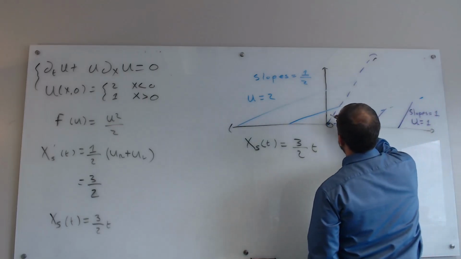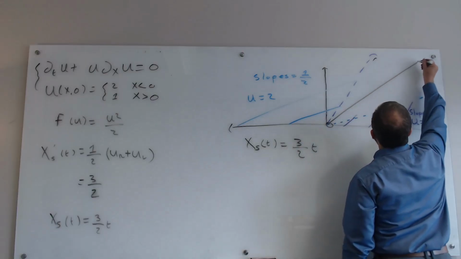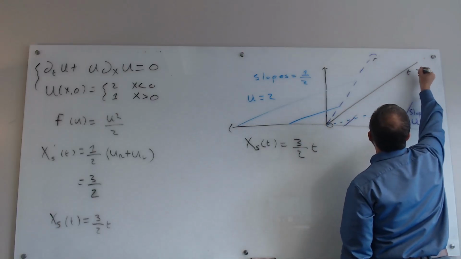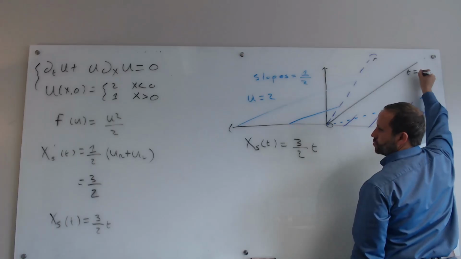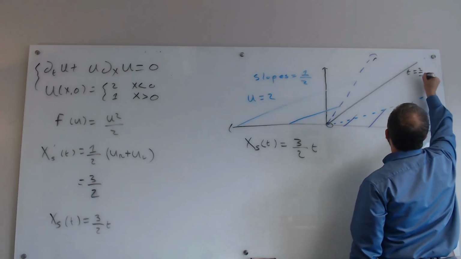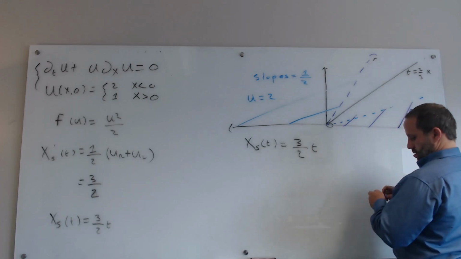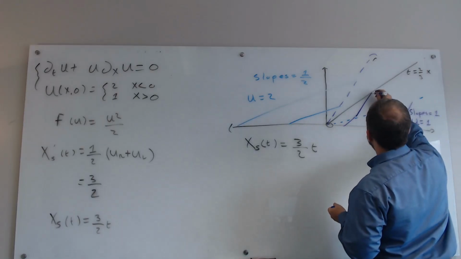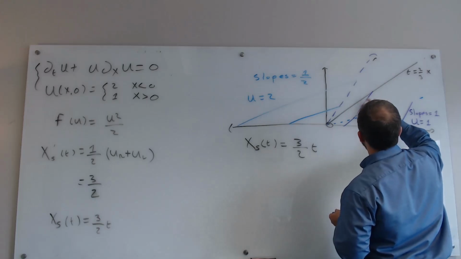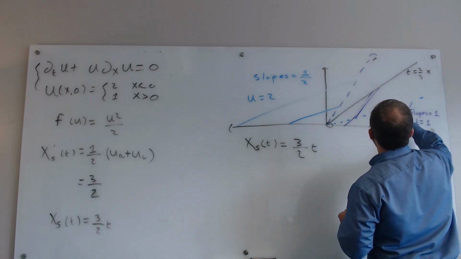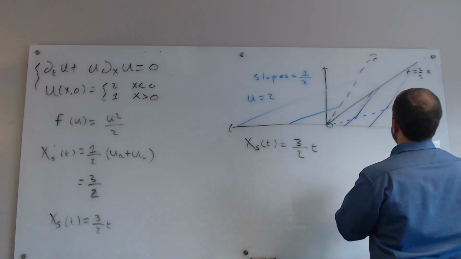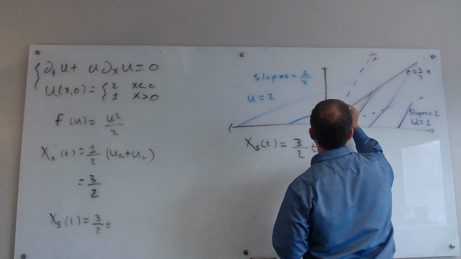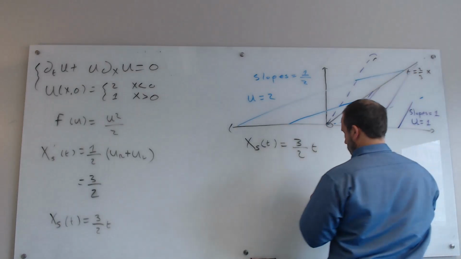So something like this. And this is t is equal to 2/3 x. Then the characteristics over here are going to be like that. These should be all straight lines.